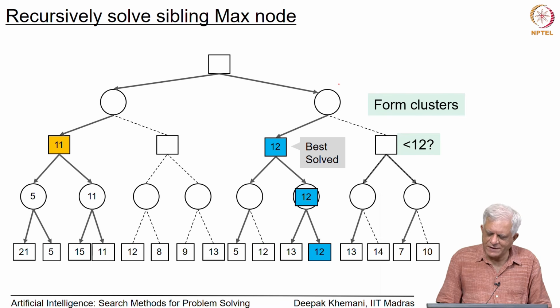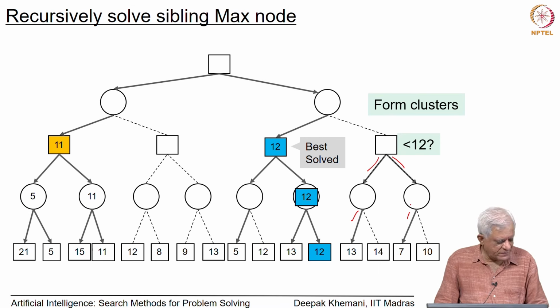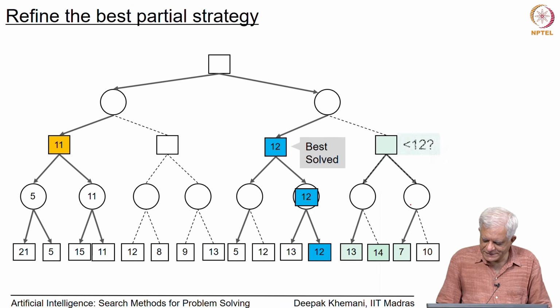So, we do the same thing as before, we choose all children for max and one child for min, and then we have got the clusters, in this case 2 clusters, one has a value of 13 and the other has a value of 7, and we will refine the best cluster essentially. The best cluster has a value of 13 and its neighbor has a value of 14.